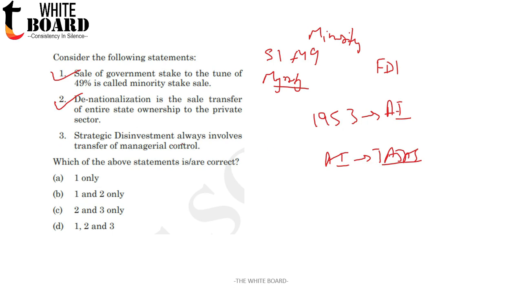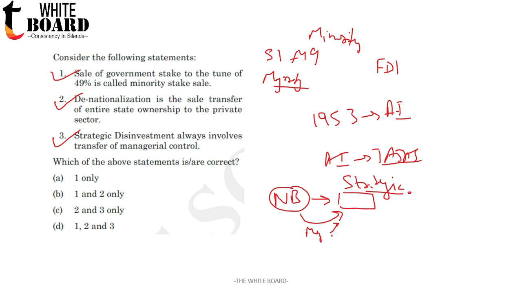Strategic disinvestment always involves transfer of managerial control. Yes, this is the particular definition of strategic disinvestment: if a nationalized body has to be given away, the ownership has to be transferred to a player, and this particular sector is very important to the security of India, then a strategic player will be chosen in the market which is trustworthy, and to this strategic owner or private player, the managerial control has to be passed on.